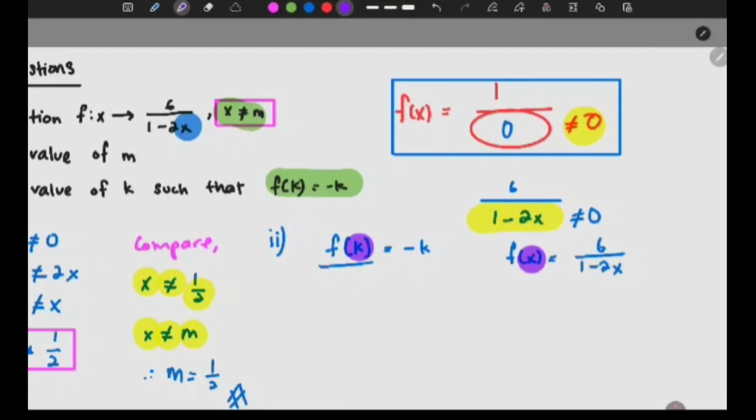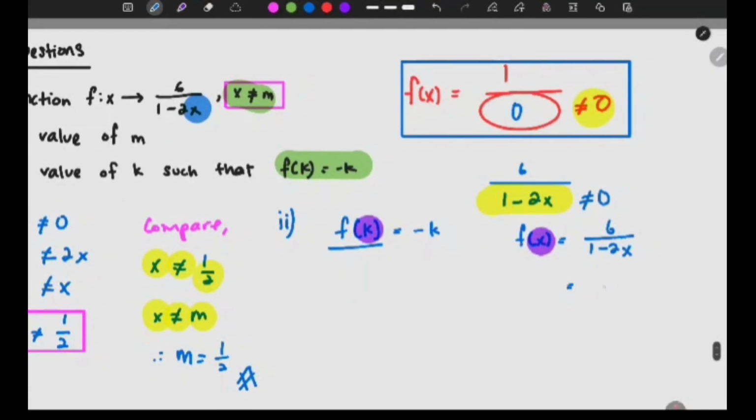This is my f(k). So that's what I'm going to write here. You see, I didn't change anything. I'm just writing the same thing, but in a different way, from what the question tells me.